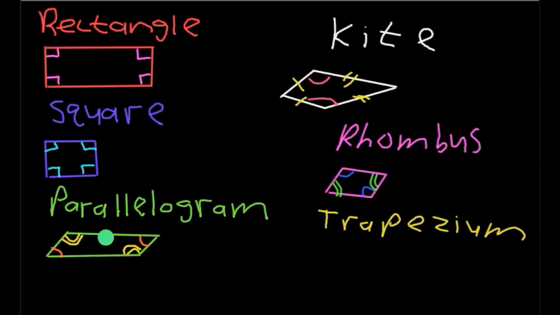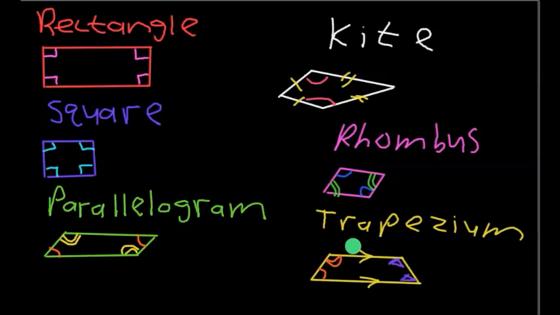So what it implies is that both the opposite angles are the same size. So these blue angles are opposite each other, they are the same size. These green angles are opposite each other, so they are the same size.